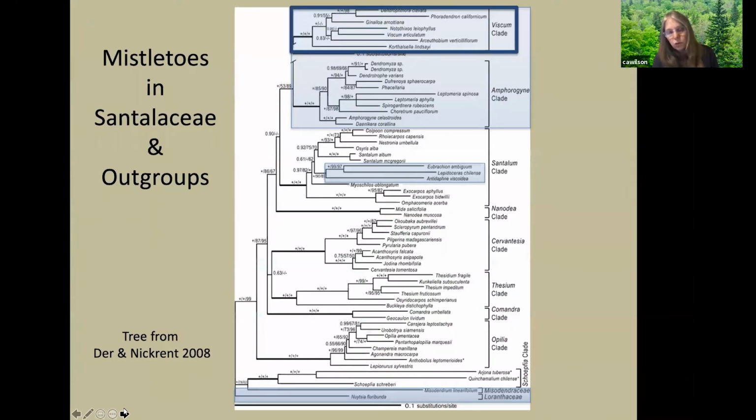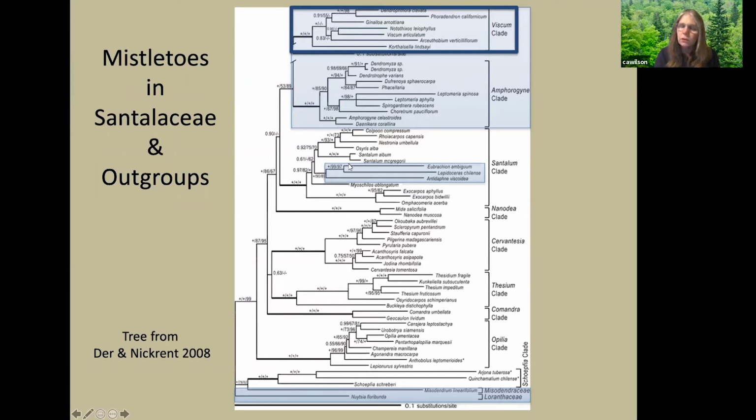And here's a tree, because I deal quite a bit in trees, particularly with my iris work. It shows the mistletoes in the Santalaceae, from Der and Nickrent in 2008. In blue again is the Viscum clade, which we tend to recognize as the Viscaceae. Then you have the Amphorogyne clade, which is the Amphorogynaceae.